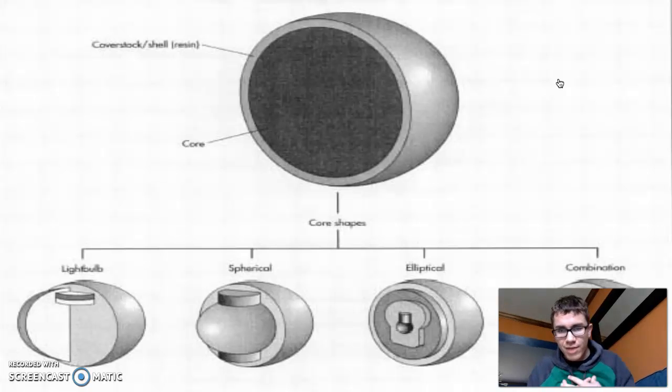Me personally, whenever I bowl, I use the spherical one, because it gives you enough rotation to get to the pocket a lot easier than if you used, say, the light bulb. The light bulb only has one core on top, so it's going to roll a bit more. That's more of a common house ball. And the elliptical one is a sturdier one for professionals.